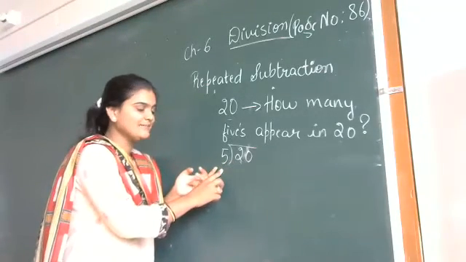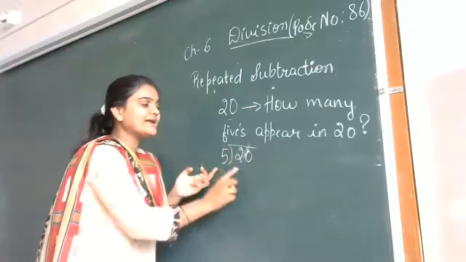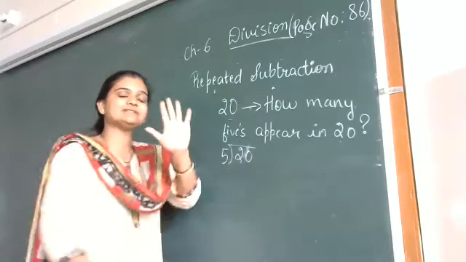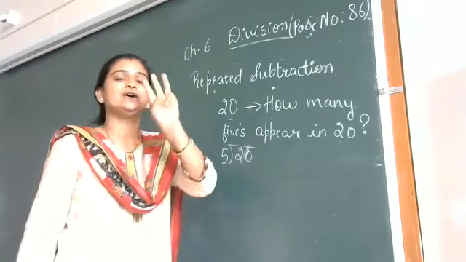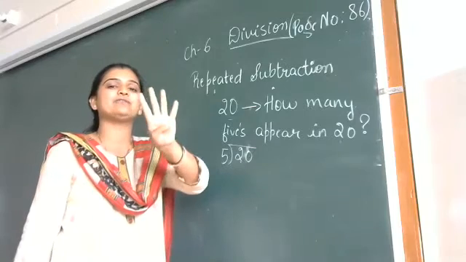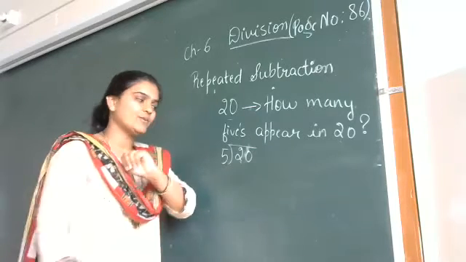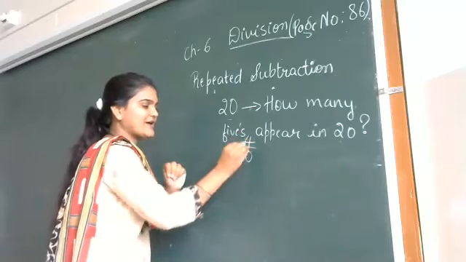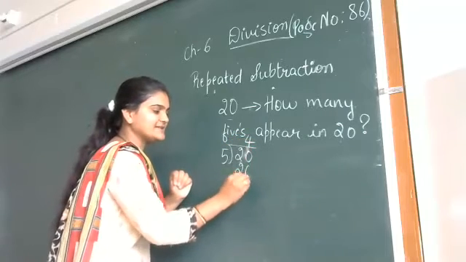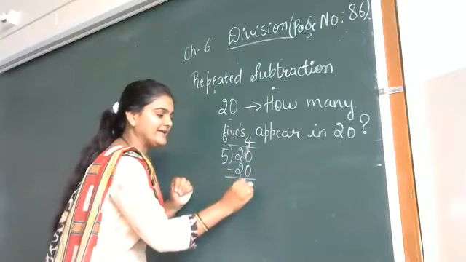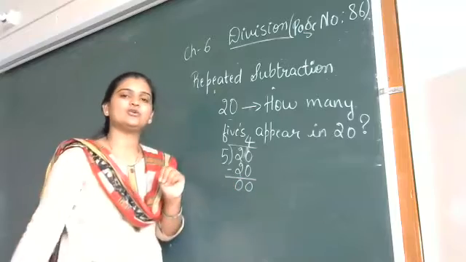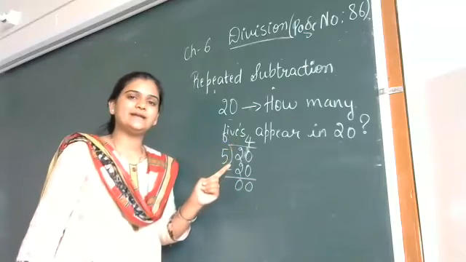In 5's table, when do you get the number 20? 5 ones are 5, 5 twos are 10, 5 threes are 15, 5 fours are 20. Yes or no? 5 fours are 20.